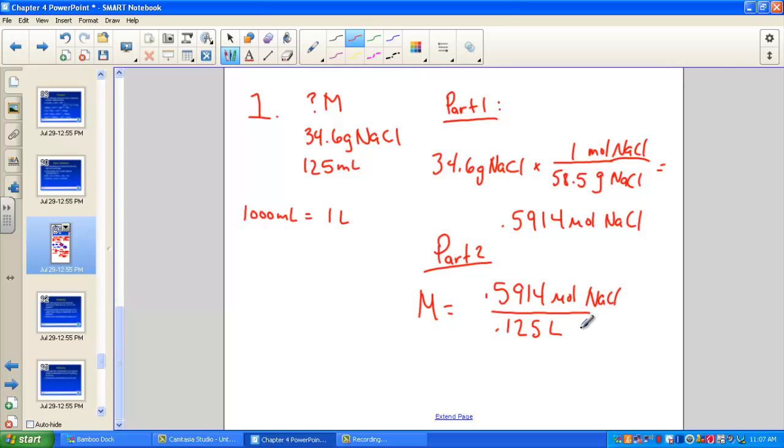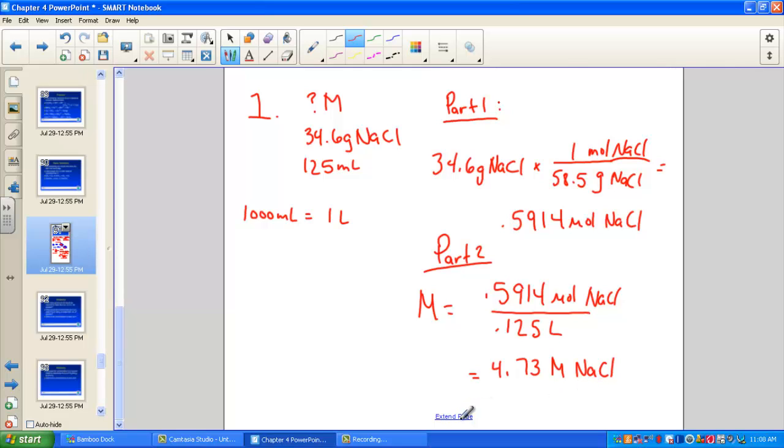So here we have the moles per liter. So while that's on my calculator, I'll just leave that all in and go divided by 0.125. And we find a molarity of 4.73 molar units of sodium chloride. Number, label, unit.